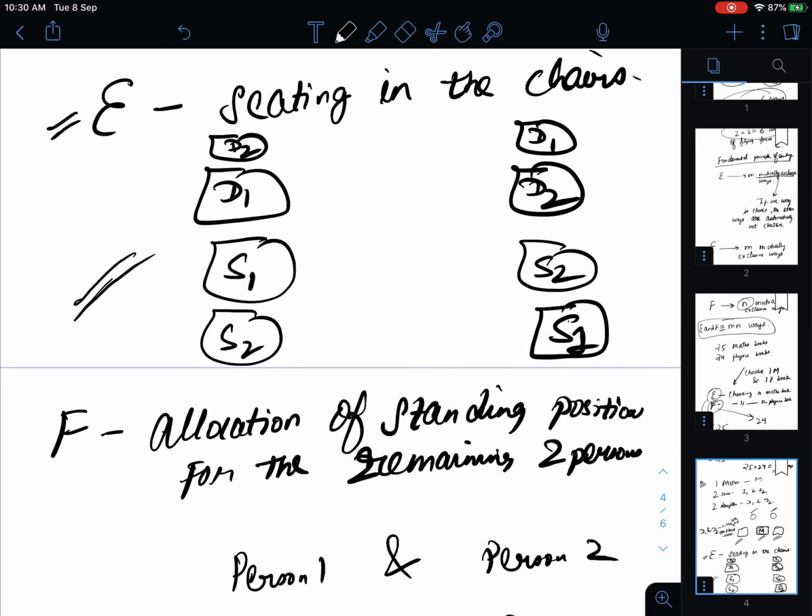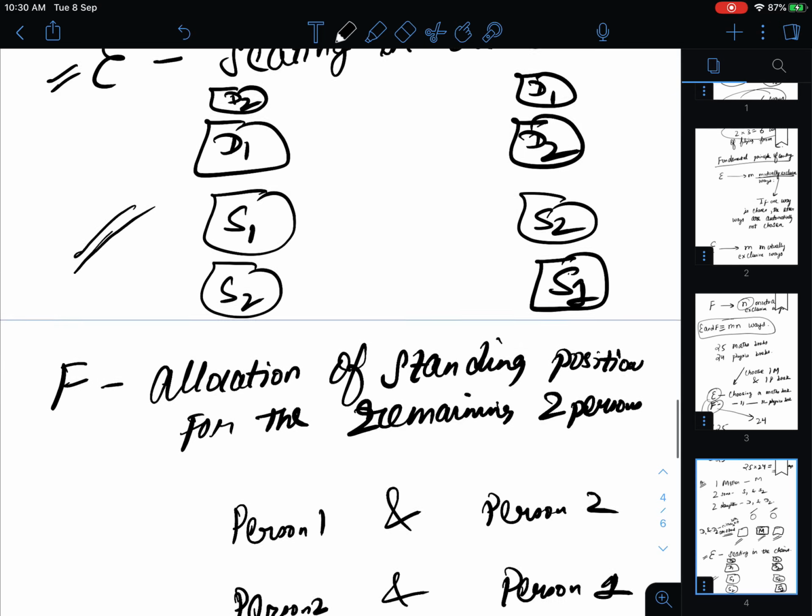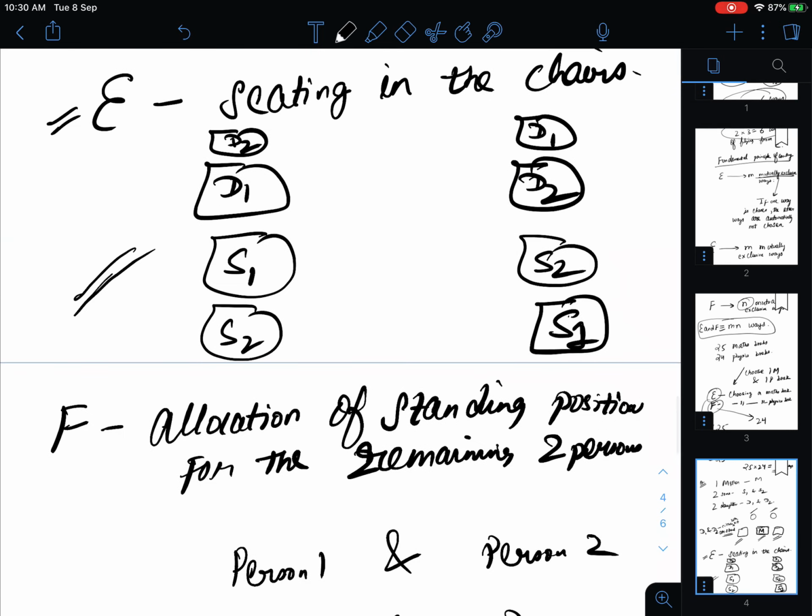The actual handling of event F in terms of its 2 choices is independent of event E. See, events E and F are about making choices. It is true that whether in event F there will be two sons or two daughters will depend on whether there were two daughters or two sons in event E. That is okay.